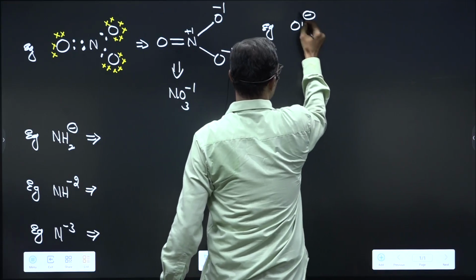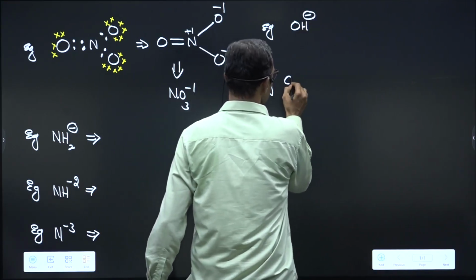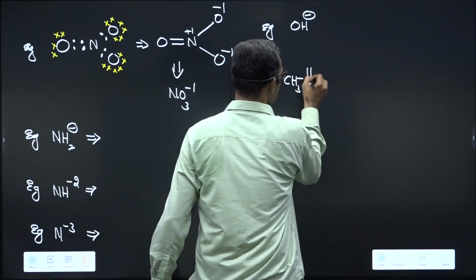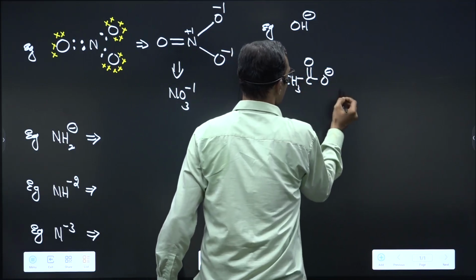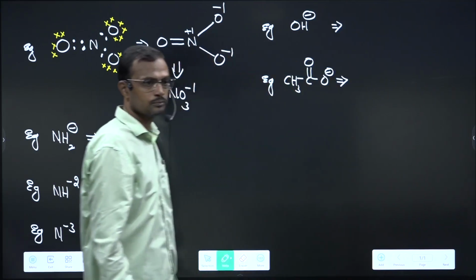This is OH minus. OH minus. This is C double bond O minus, carbonato. Write down the Lewis structure of carbonato.